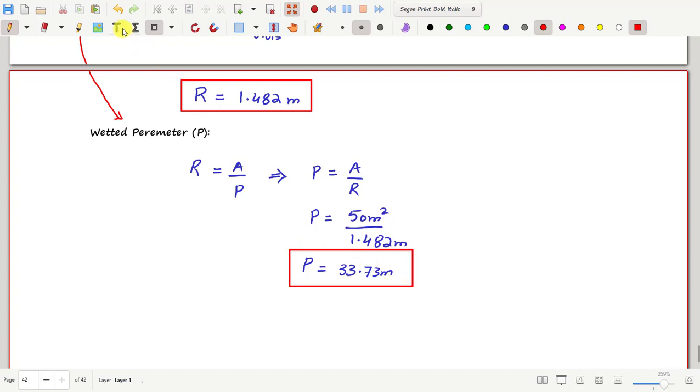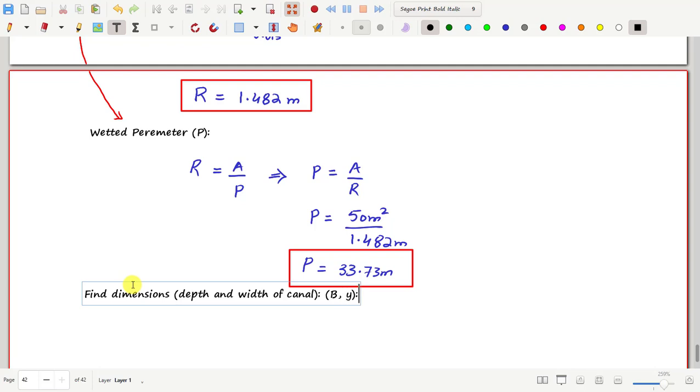Now the last step is to find the dimensions, meaning depth and width of the canal. This is the most important part. We need to find B and Y, the width and depth of the canal.